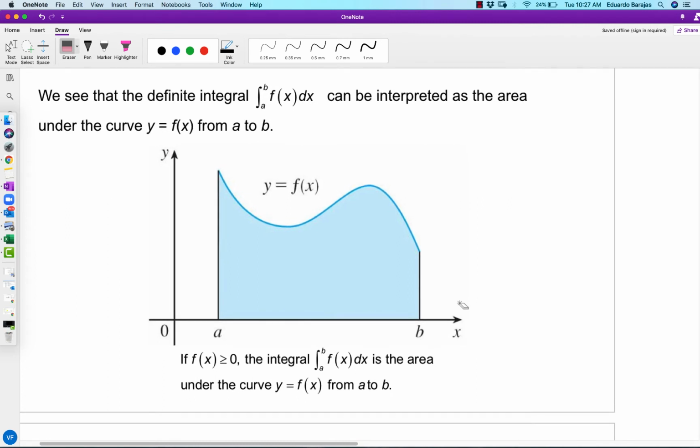We see that the definite integral, the integral from a to b of f of x dx, can be interpreted as the area under the curve y equals f of x from a to b. So if f of x is positive, then the integral from a to b of f of x is the area under the curve y equals f of x from a to b. And so when we say we're under the curve, we automatically mean under the curve but above the x-axis.